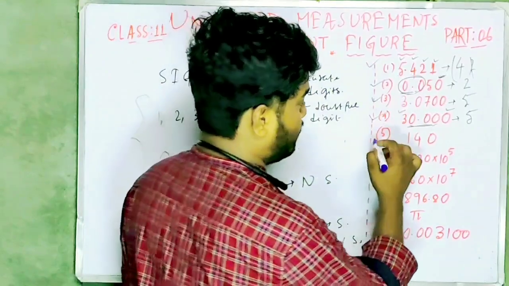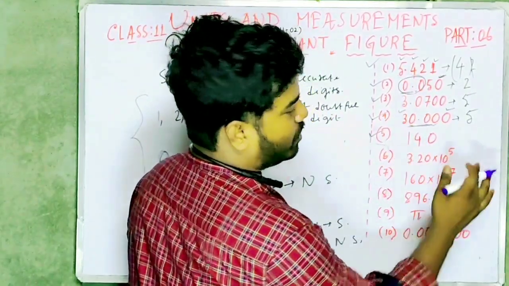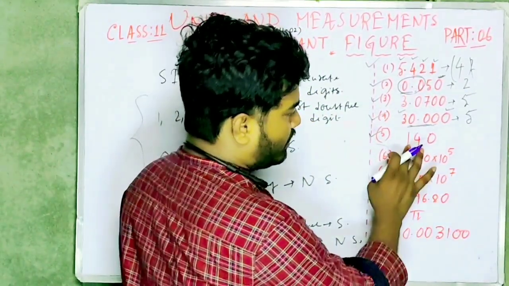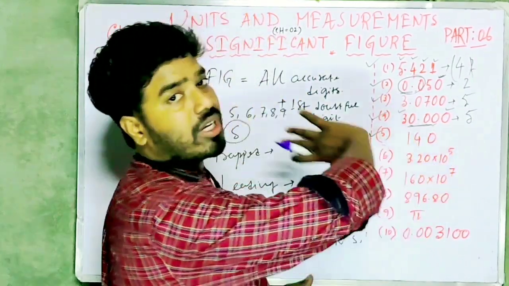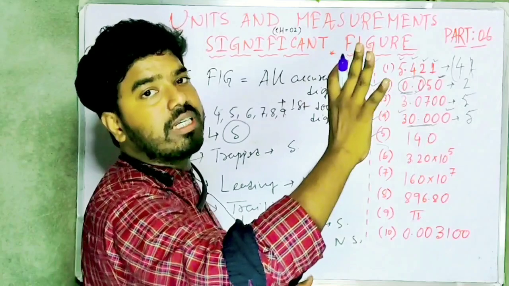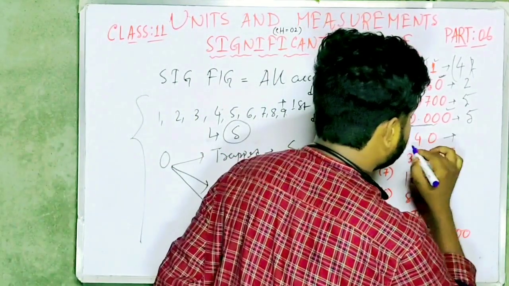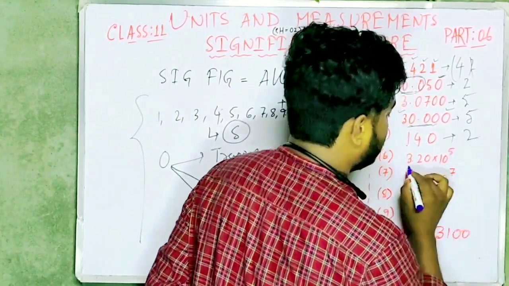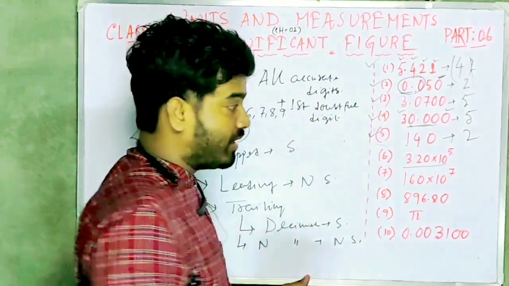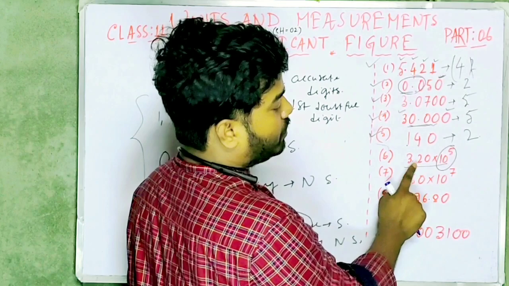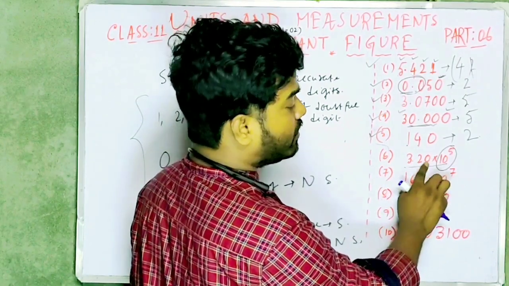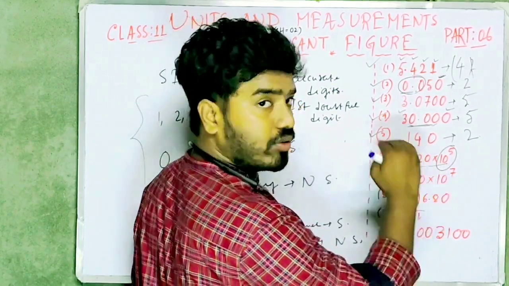Next 5, 1 4 0, say 1 significant, 4 significant, and this ending 0 is not after a decimal point, so this is not significant. So here the significant figure is 2. This one, the power of 10 case, 10 to the power 5, is not significant. This is 3.20, 3 significant, 2 significant, and this 0 after the decimal point is also significant.